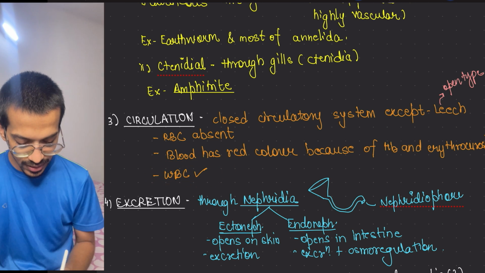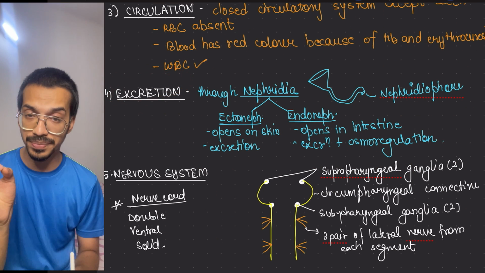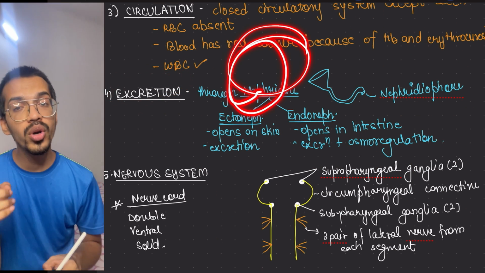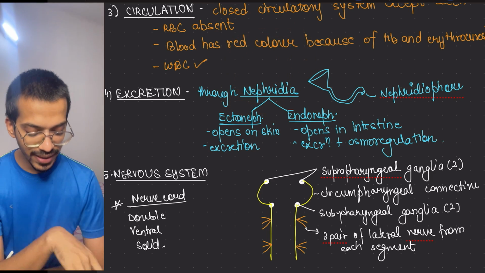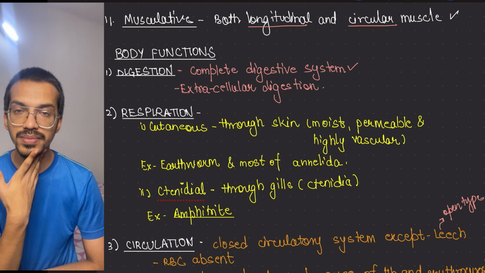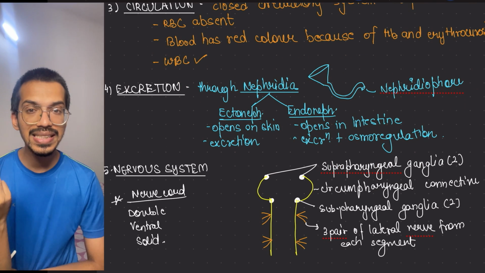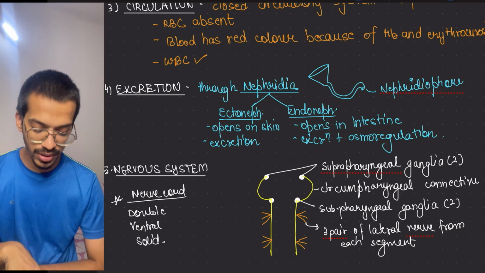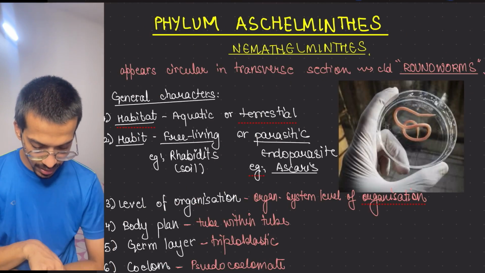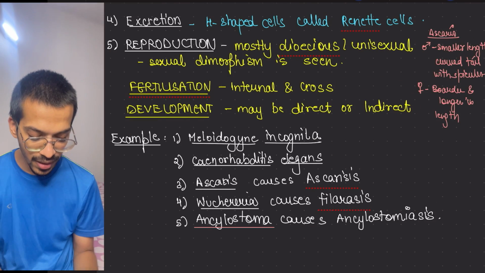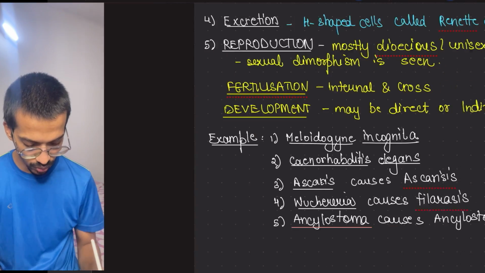Then comes excretion, very important, with the help of nephridia. Before this, when we were studying Aschelminthes, how was the excretion taking place? This is how you have to remember. When I say something, you should be able to imagine that in Aschelminthes, excretion takes place by the renette cell.